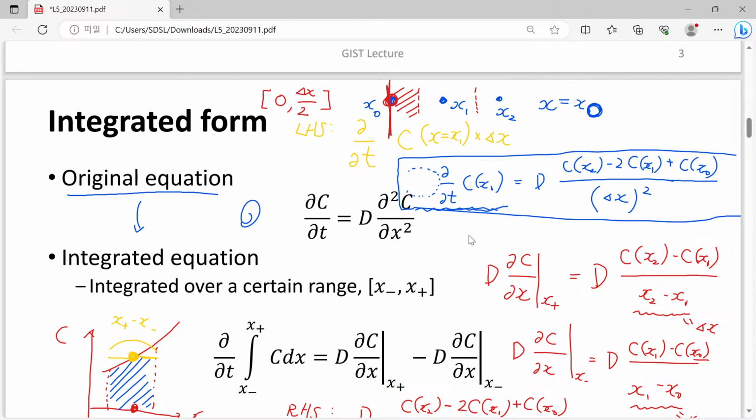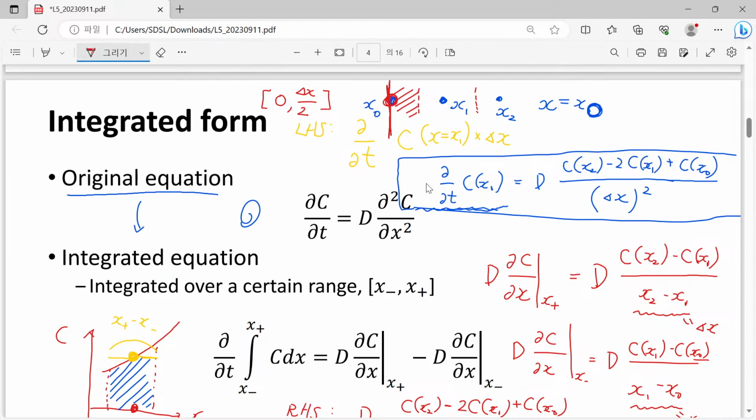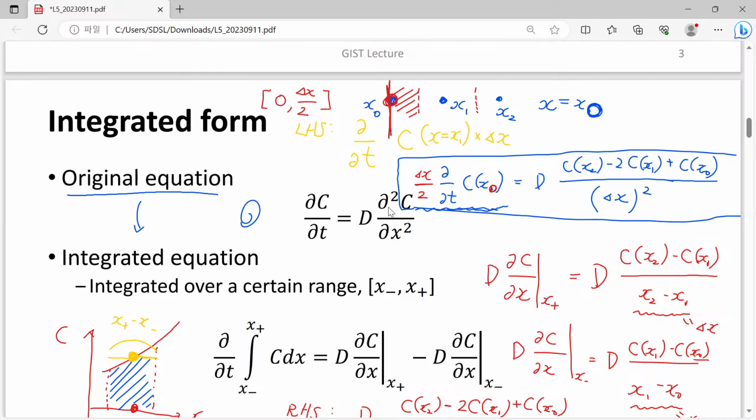Then what will happen? In this case, since we have done it already, we will have just half length for our x0 quantity. If you have any questions, please let me know. The left hand side just has half length, so we have to multiply by half length, and the center point is now no longer x1, instead it is x0.